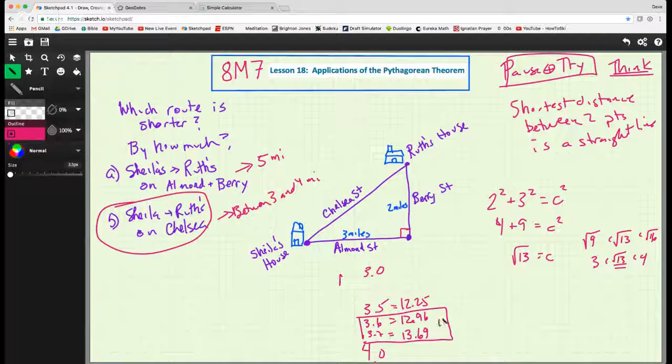So the square root of 13 is between 3.6 and 3.7. So it's about between 1.3 and 1.4 miles shorter.